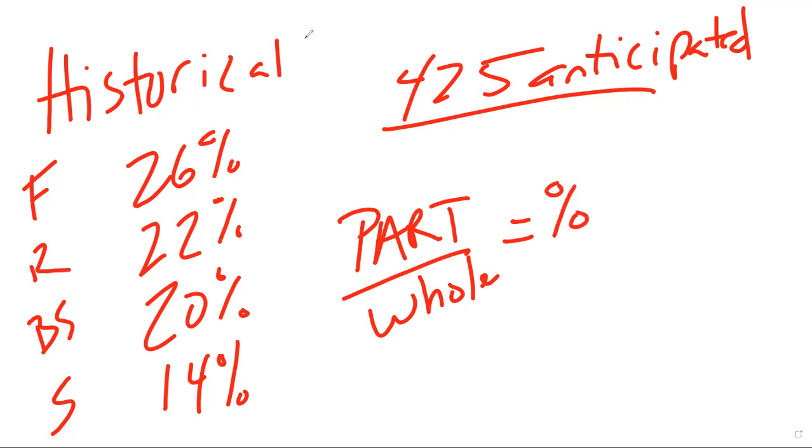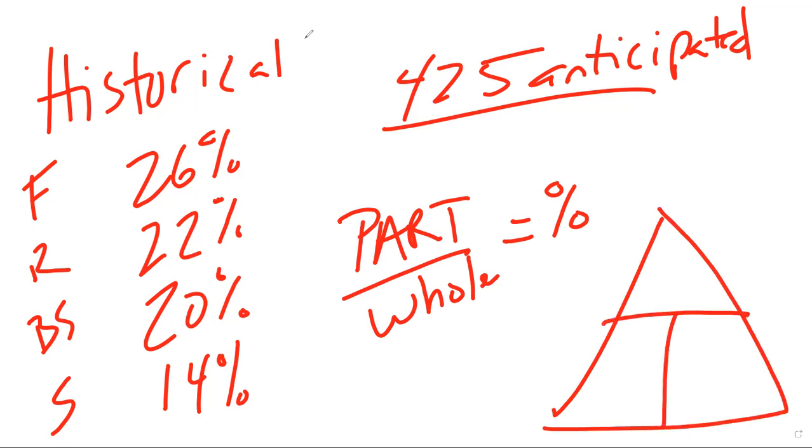Close. No. Okay. So if the part over the whole is the percentage, we can draw our triangle. You know, the whole is on the bottom, part is up top, and the percent's on the bottom, right? Okay. So 26% is what we're going with.